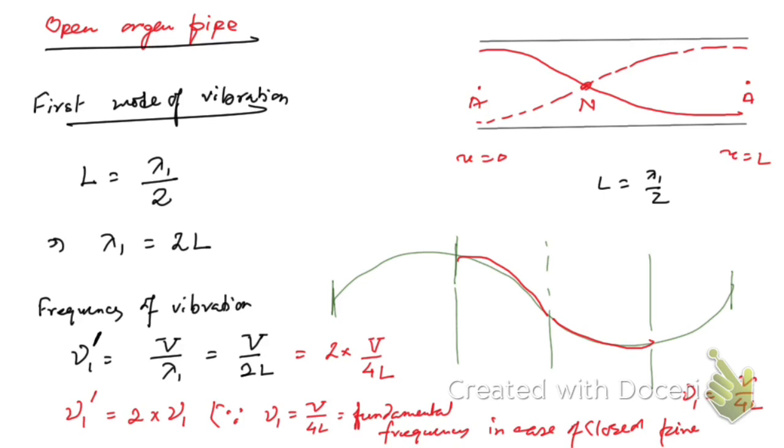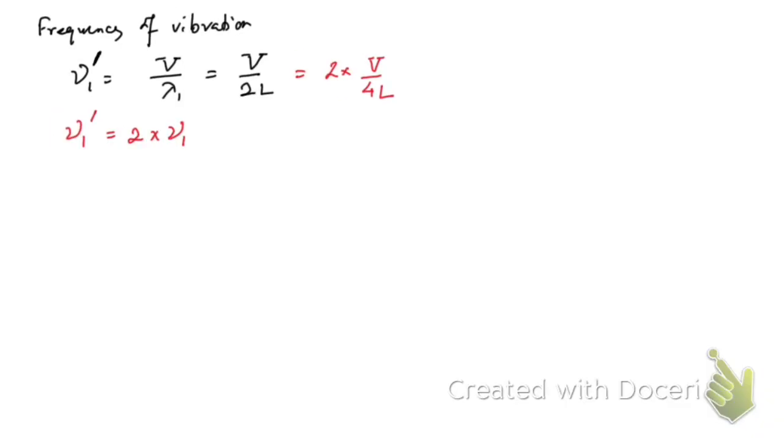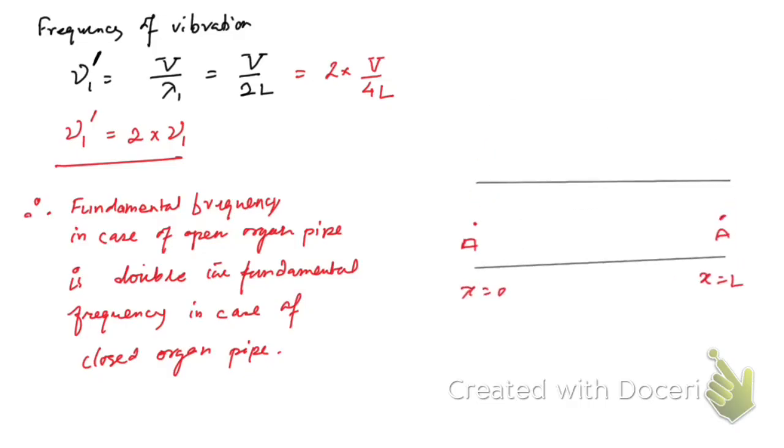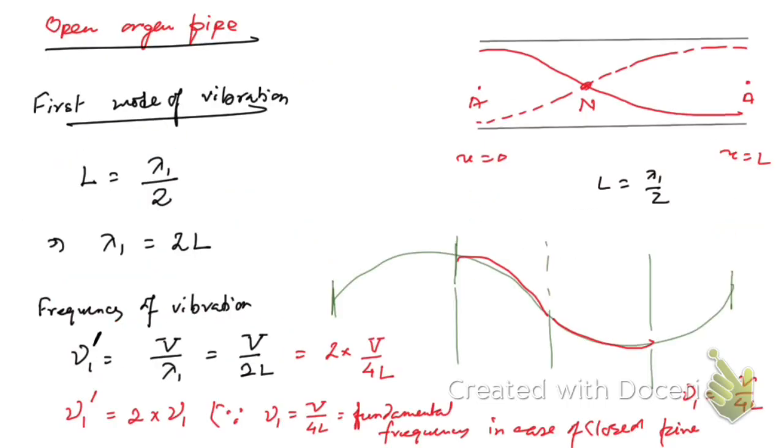Let me take a new slide. Let me copy all these steps that I have written here. Now you see, at the open end we must get an antinode, right? If you observe the pattern of this first mode, let me copy this one as well.